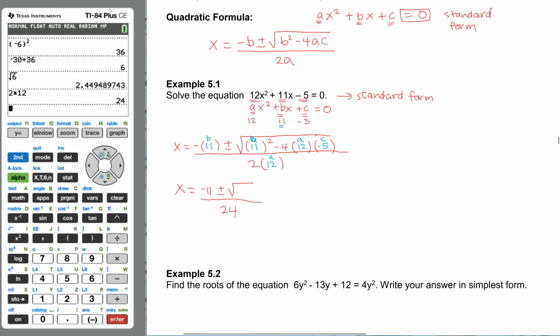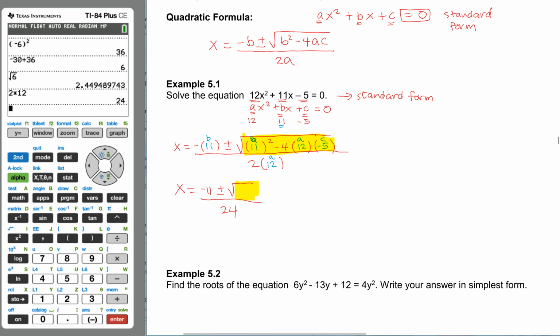Now, the next thing I want you to practice is to work out everything inside the square root in the calculator. A lot of times students are confused, like, oh, I don't know how to do this. But I want you to practice using the calculator.